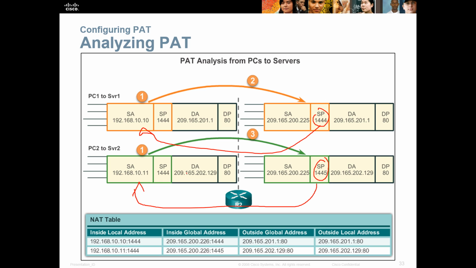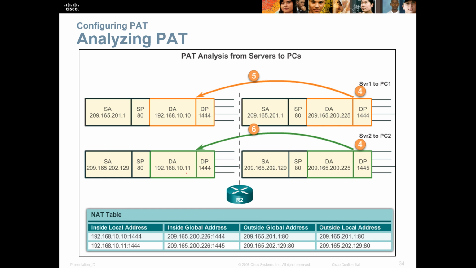That way, it knows how to return or where to return the appropriate packet. And again, it will be responding with a destination port, and we've already talked about those being mapped to that address.